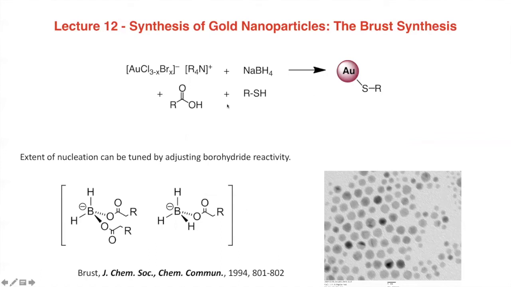There's a number of variants on it, but it's been shown that the size control under these conditions can be controlled by tuning the reactivity of the reductant. So more reactive reductants give rise to a greater number of particles and a smaller final size. And you can actually adjust that by just converting some of the borohydride into these carboxylate borohydride salts.